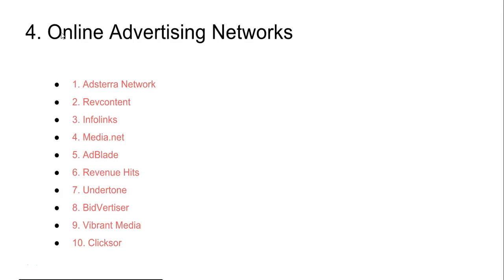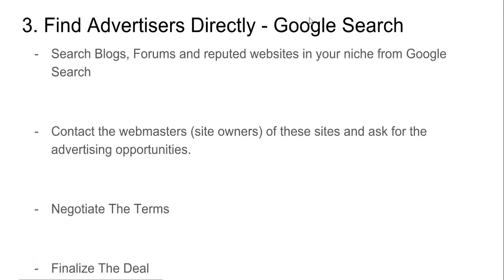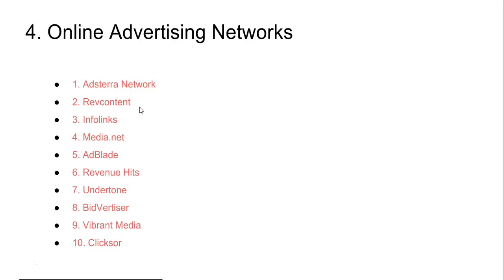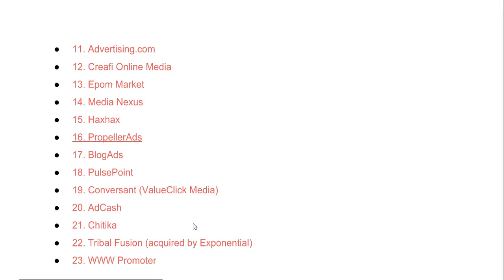Now the fourth one is online advertising networks. So these are the traffic networks. Again, they connect publishers and the advertisers, and they charge their own money, and they just give you some percentage. So if you don't have time to find and negotiate with the advertisers in the Google search method, you can join one or more of all of these networks.